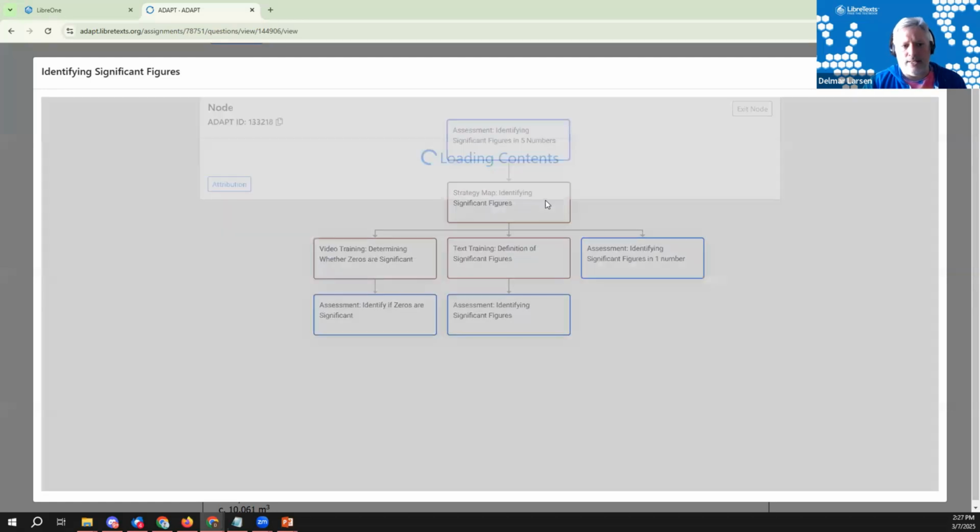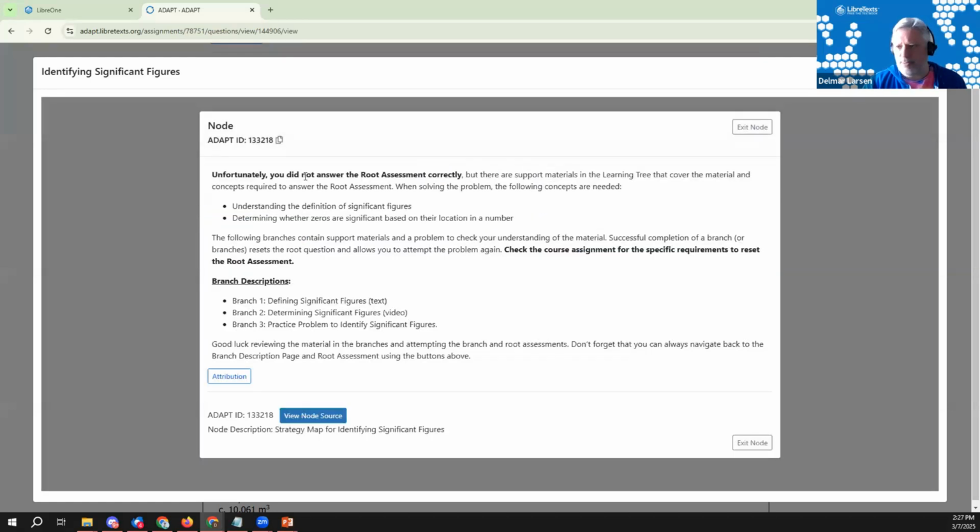Then I go in and they can take a look at an exposition node. This right here is just saying, look, you didn't get the root question right. You need to understand these 2 skills: the definition of significant figures, and when zeros are significant or not.